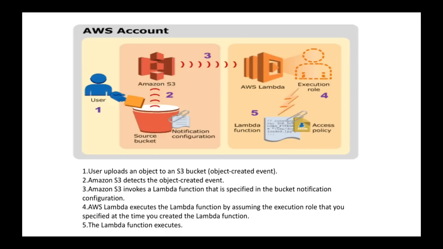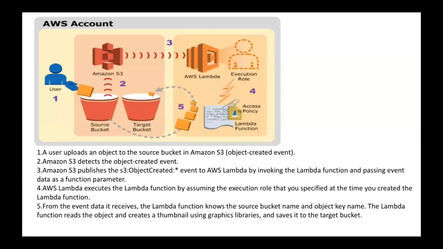Remember, we saw the put object event record. That information is passed to Lambda. Then Lambda quickly validates the IAM role and policy, and if everything looks good, using the event information it executes the code you have already attached. This is the example.